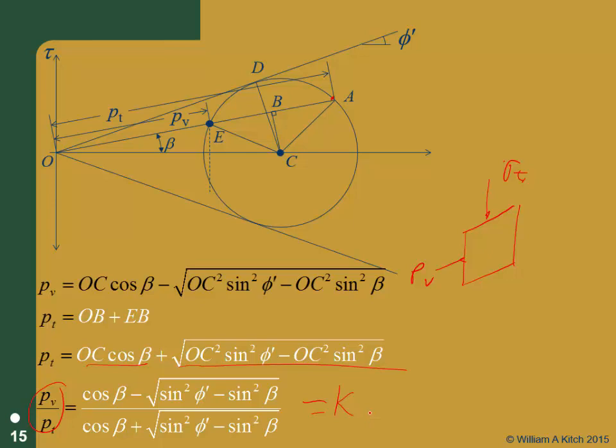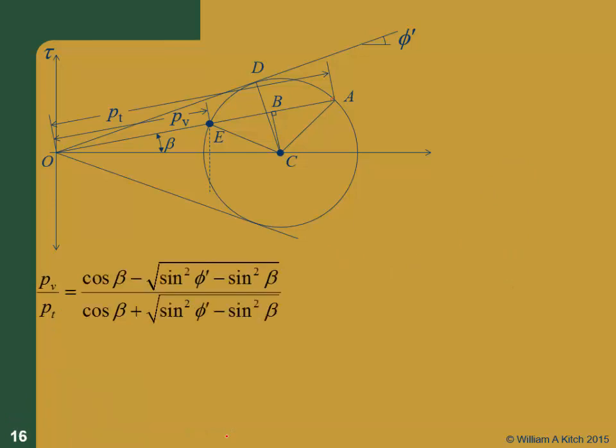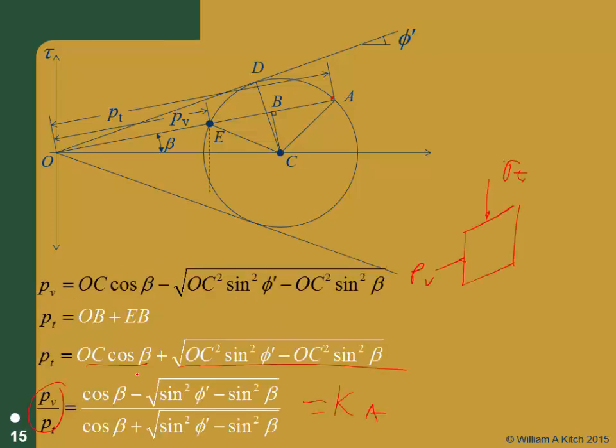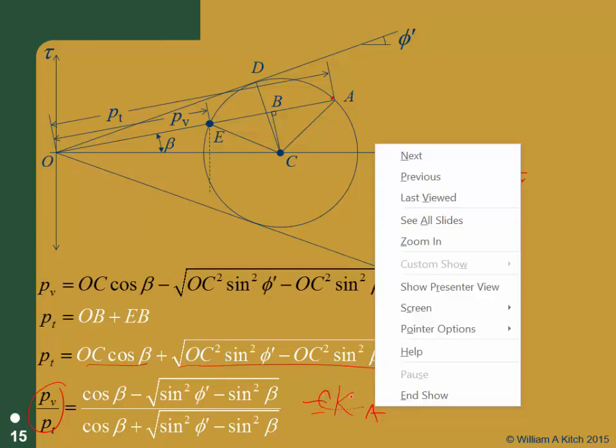I think so. Let's see, no, this is the active case, right? Because it's smaller on the top than the bottom. Let's see, beta minus, yeah. So this is PV over PT, but I got ahead of myself on the previous slide. I don't want to say this yet.